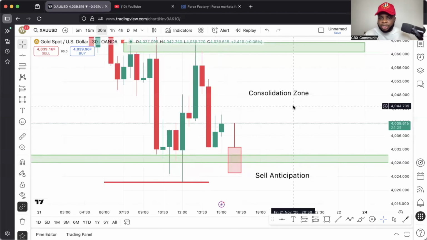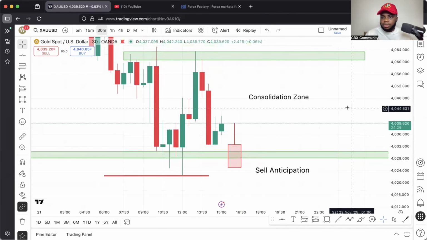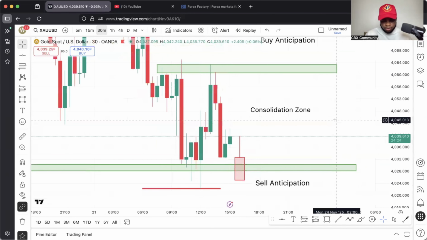We just need to be patient and see what the market wants to do before we decide to take a position.